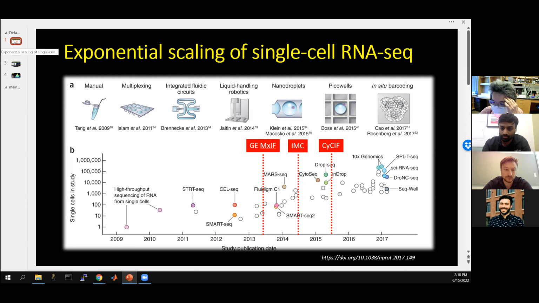And let me start with an even more general concept, because I think everyone here might know and use single cell sequencing as a daily routine. Here is a review from Nature Protocols showing how single cell sequencing developed over the last decade.